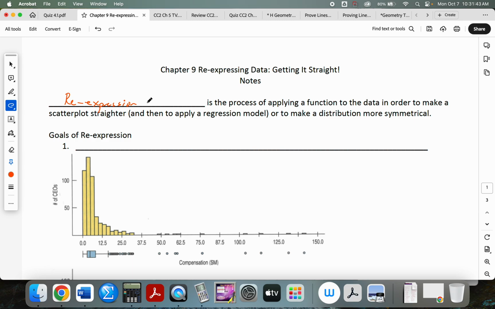So we know that if the scatter plot's not straight, then applying a linear model to it doesn't make any sense. You may have noticed on either of the calculators that you're using that they ask you, do you want to do a linear? And then they have all these other ones as well, right?